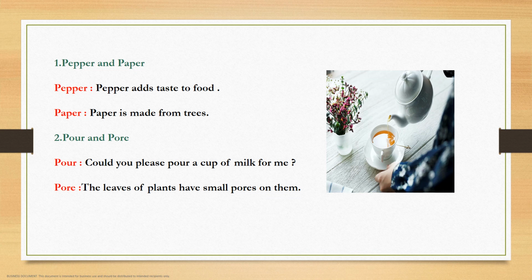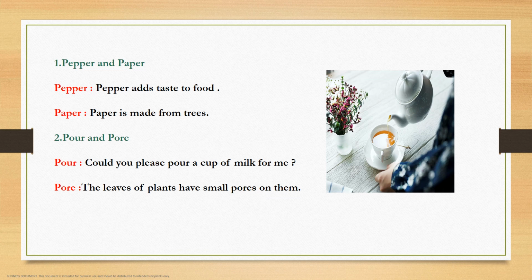And a similar word with a similar sound is pore. The meaning of P-O-R-E, pore, is tiny holes, very small holes. And these holes can be on our skin or on leaves or on any surface. But they are very, very small and they are usually not seen with eyes.